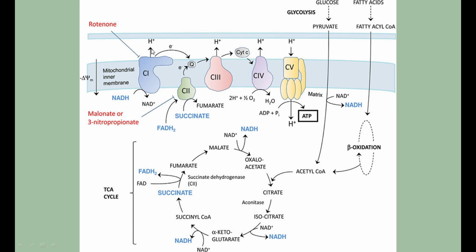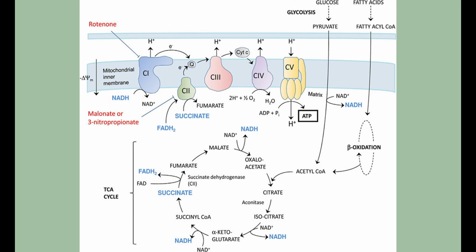There is a large amount of hydrogen gathering in this space, and this is the only way they can move out. So when they move out through this, it rotates, and due to this conformational rotation, ADP combines with inorganic phosphate to form ATP. So the hydrogen ion is the fuel that helps it to move, and during its moving, it forms ATP from ADP and inorganic phosphate. This process is known as oxidative phosphorylation, and you can see that it is occurring together with the electron transport chain.